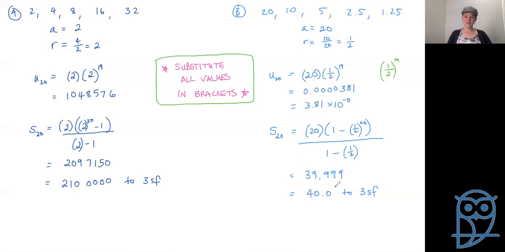So now we need to talk a little bit more about these 2 different types of sequence. So we can see what's happening here. I mean, we've got these enormous terms versus these tiny terms. We've got this enormous sum of 20 versus this not actually very big. I mean, 20 plus 10, that's already 30. Now you're telling me the sum of 20 terms is only 40 to 3 significant figures.